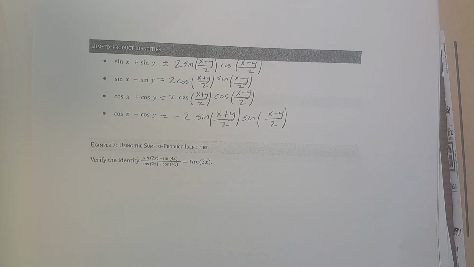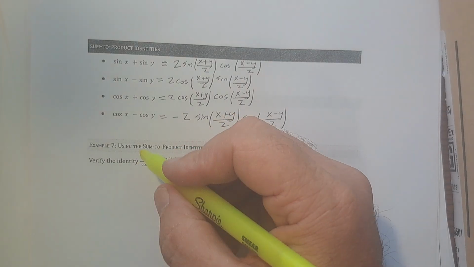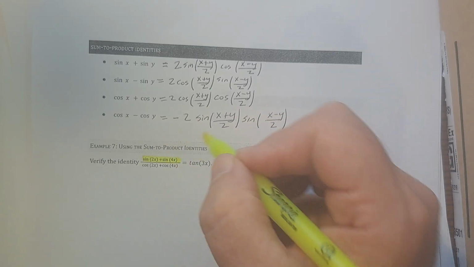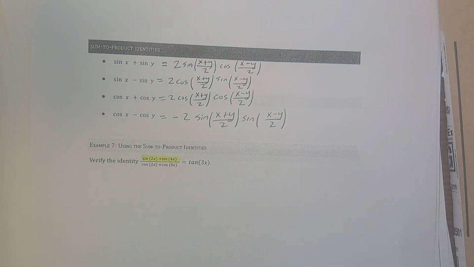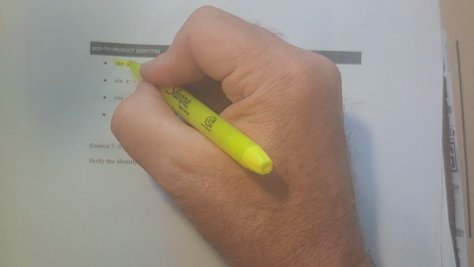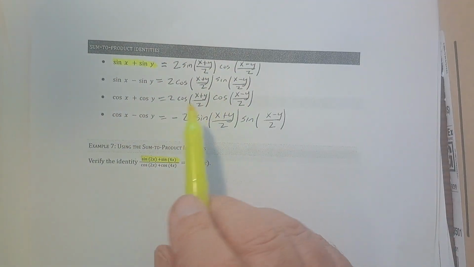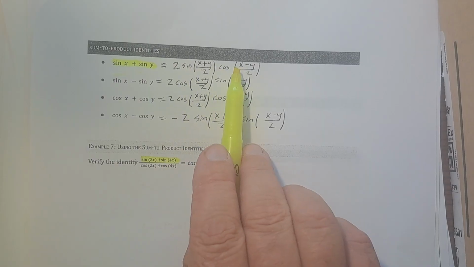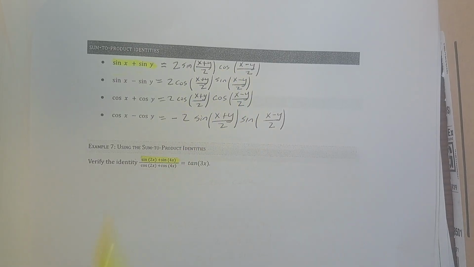If you take a look at the numerator, it's the sum of two sine functions, which is what this left-hand side is here. You can turn a sum of two sine functions into a product of a sine and a cosine. So let's do that.